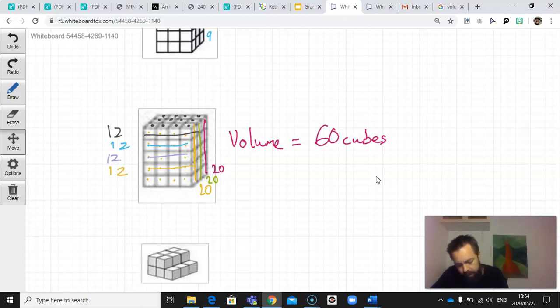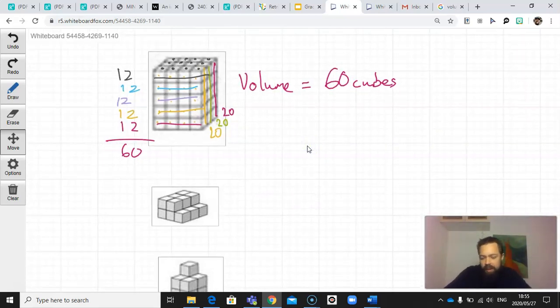My next slice is 12. And my last slice is 12. And if I add all of those up, I get 60. So it doesn't matter which way you go, as long as you do a logical order and you get all of them together. Now we come to one like this, where it's not the same on each level.